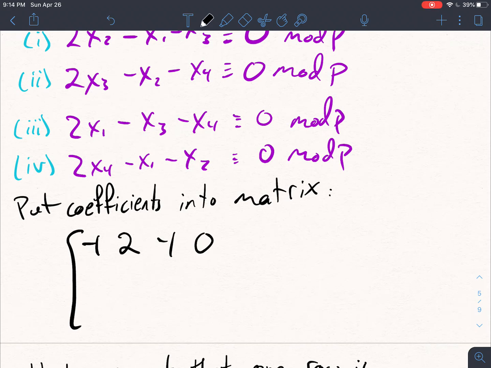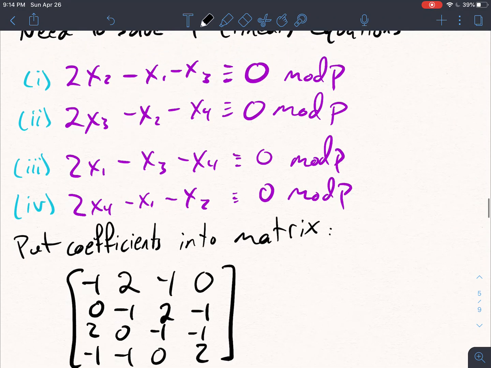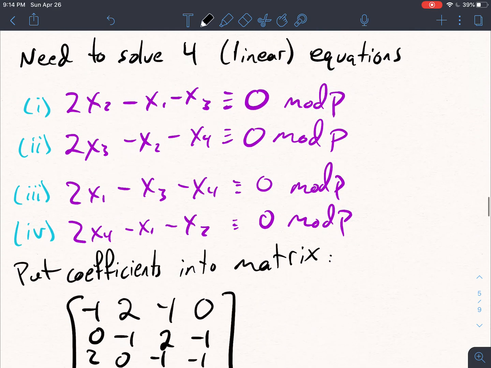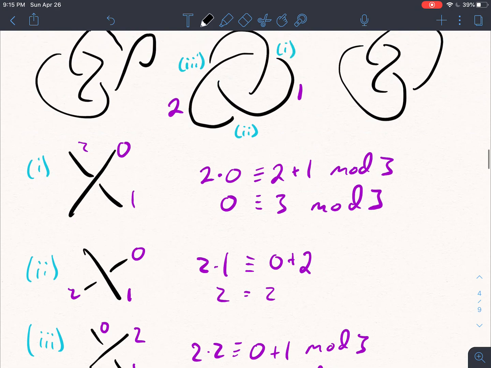These are ordered pretty weirdly, but we can reorder them nicely and put them into this matrix. For the second row, there's no x1. x2 is -1, x3 is 2, and then x4 is -1. For row 3, I get 2x1 minus x3 minus x4, no x2. And then 2x4 minus x1 minus x2, that's the fourth row.